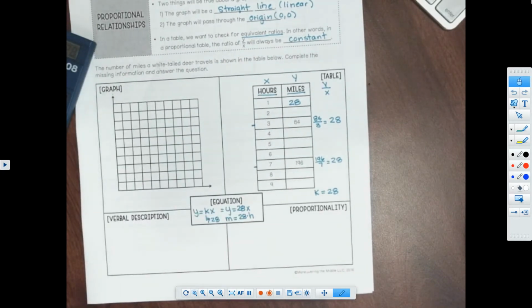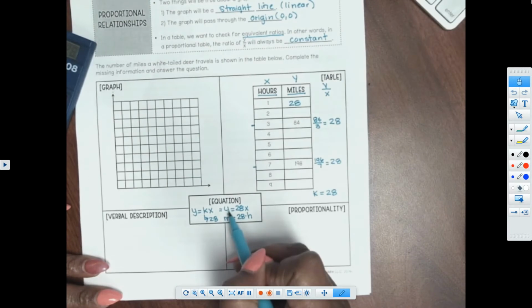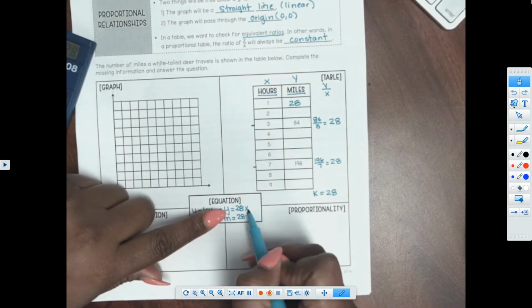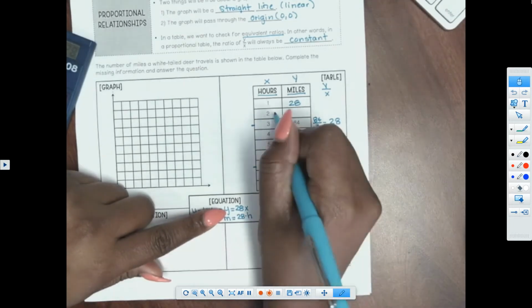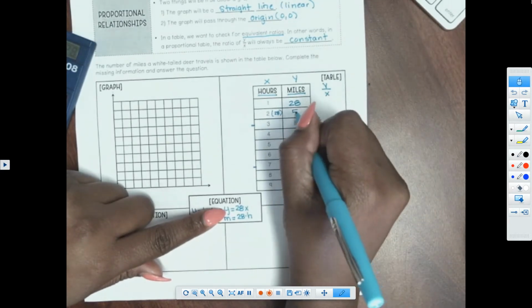That can help us figure out the other data points we need for this table. So if I was to ask, how many miles do I travel if I go 2 hours? That's 28 times 2. All I have to do is multiply my constant of proportionality times 2. I get 56.